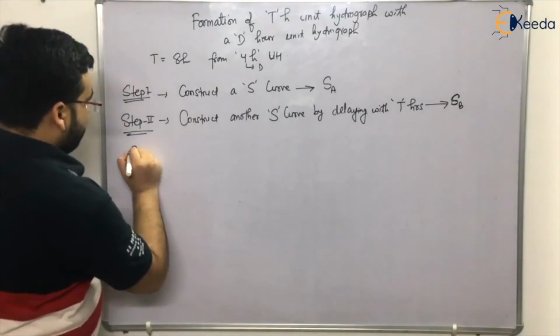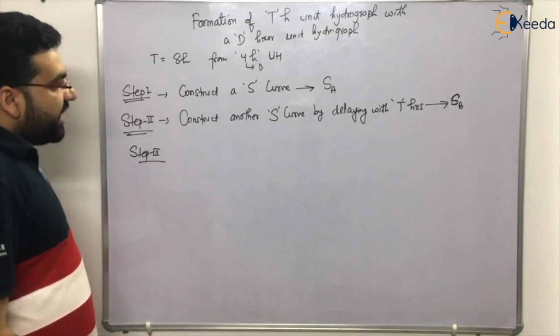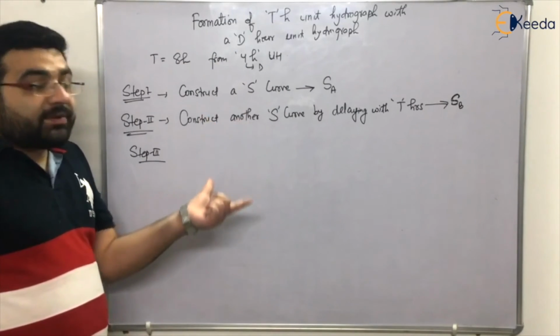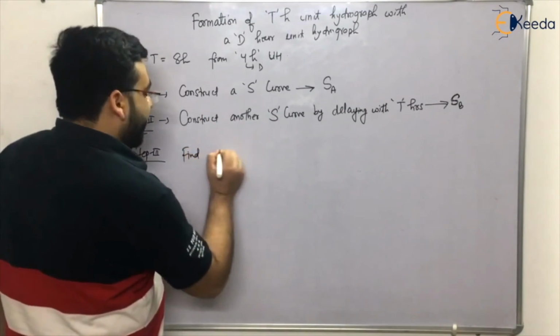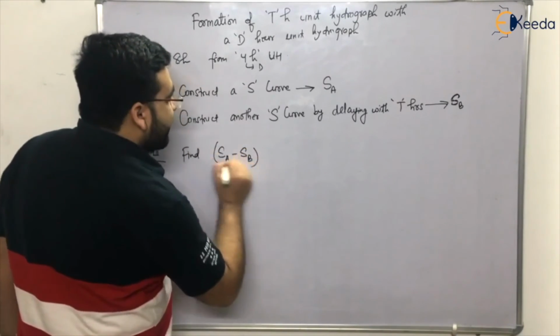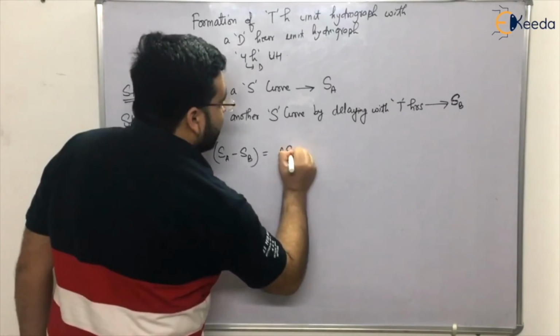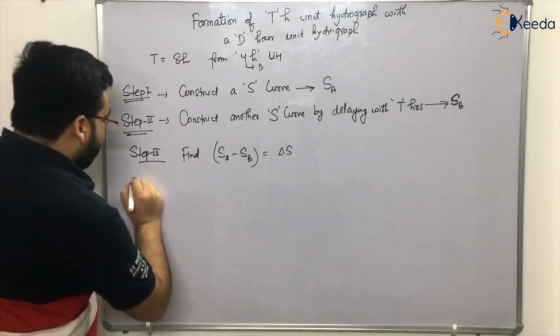Step number 3 is that you have to subtract these values, right? Find SA minus SB. Let us say that it is delta S. Clear? Now, step number 4.